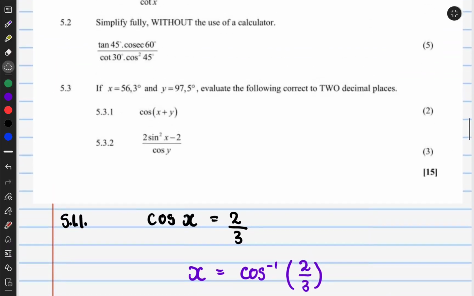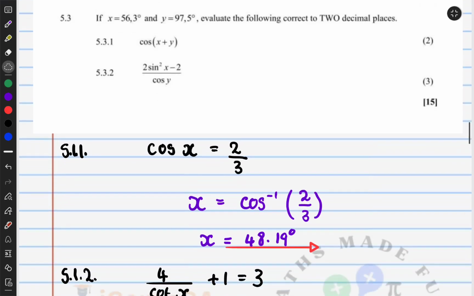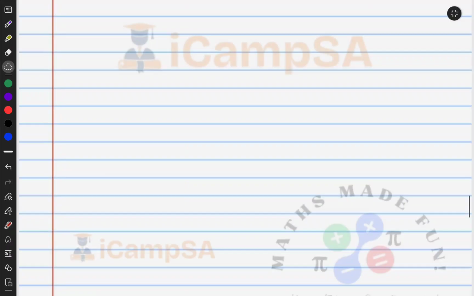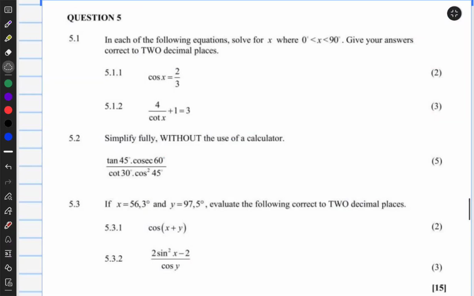Okay, then next, 5.3. If x is equal to 56.3 degrees and y is equal to 97.5 degrees, evaluate the following correct to 2 decimal places. I've already copied that, so let's paste it and drop down.